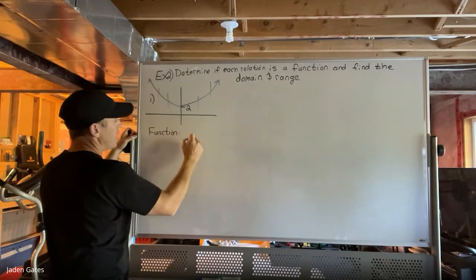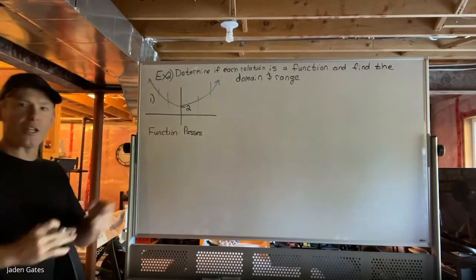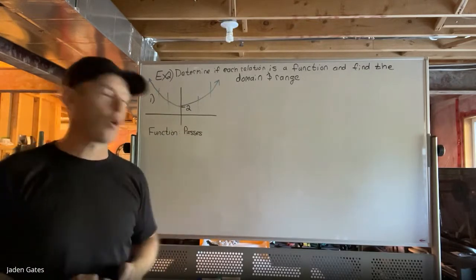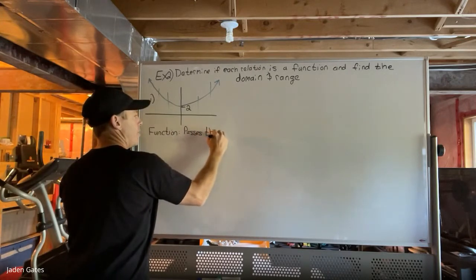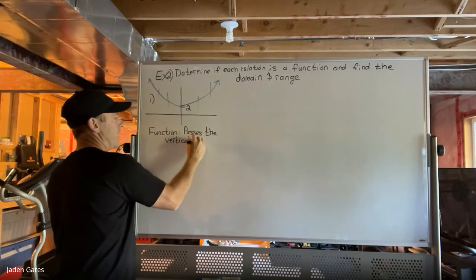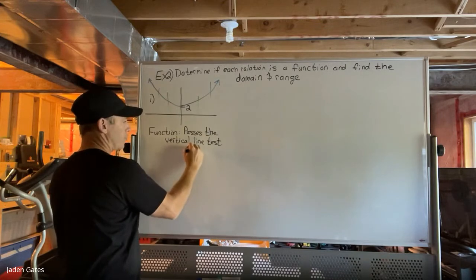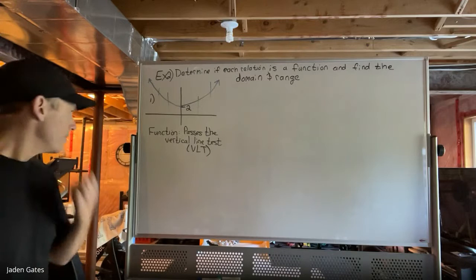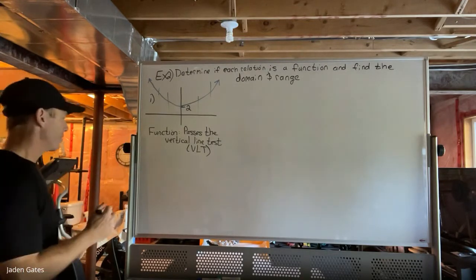That is because it passes the vertical line test, which I'm going to shorten to the VLT. So there's two different explanations: one for when you have just data, and one for graphs. It passes the VLT, so it means it's a function.